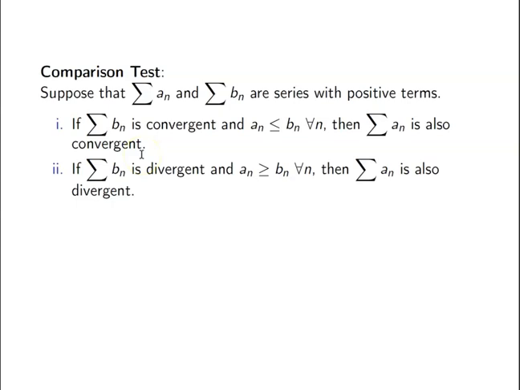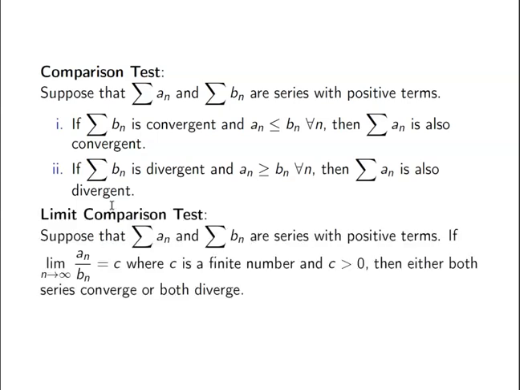So if I have a series that is dominated by a convergent series, that series has to be convergent as well. If the series I come up with is divergent and it is smaller in value, it is dominated by my given series, then the series that I'm given has to diverge as well, right? If my terms are always bigger than another series that's divergent, it has to diverge also.